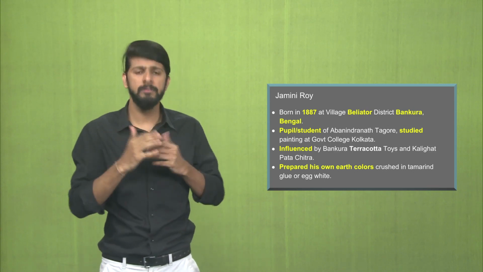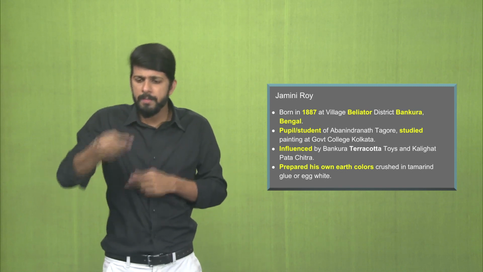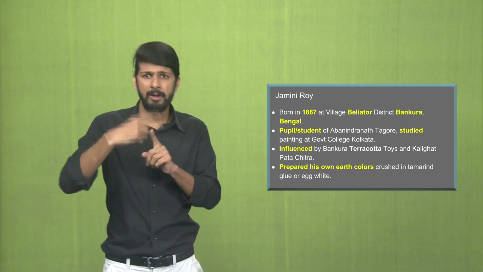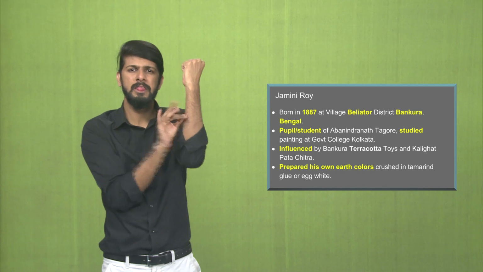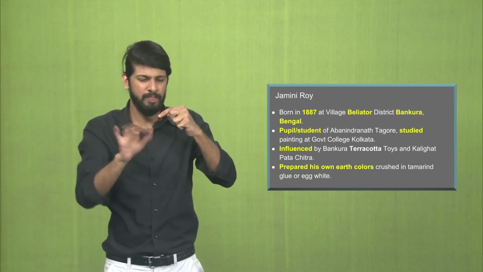Jamini Roy prepared his own colors, and these were earth colors which he would crush, and then he would mix it in tamarind glue. You know what tamarind is?